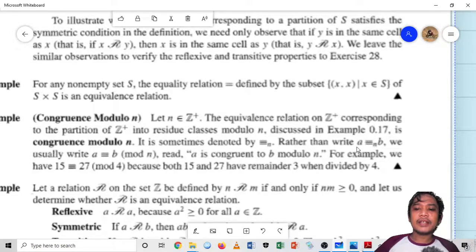Rather, we write A is congruent to B modulo n. Then we usually write this symbol.